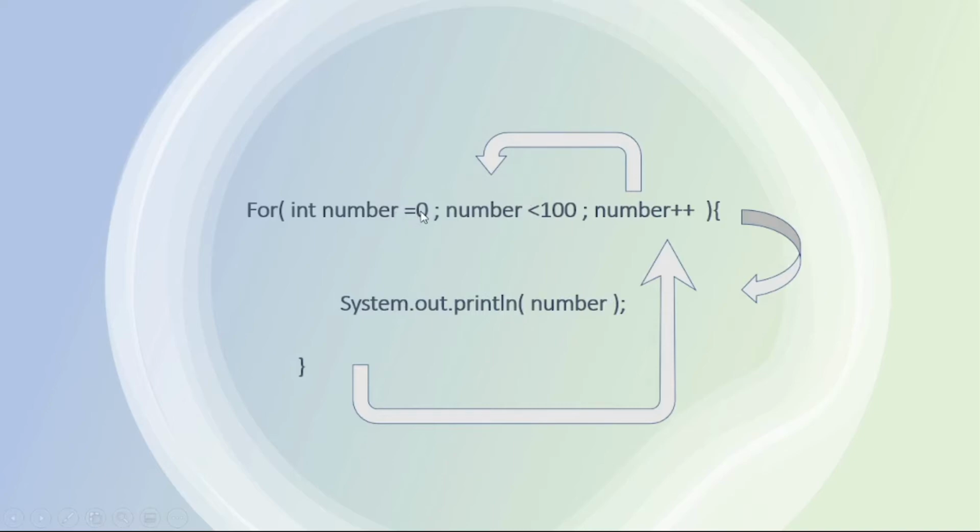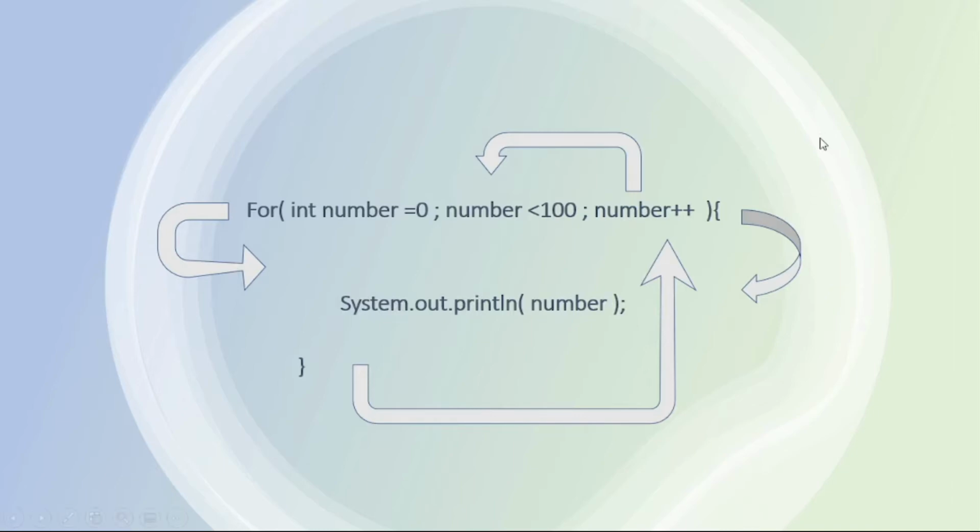So here the value was 0, and after performing this execution, control goes to this point, and 0 plus plus is equal to 1. So 1 is actually smaller than 100, so it again comes to this area and executes these statements, and after that again control goes to this point here, number plus plus.